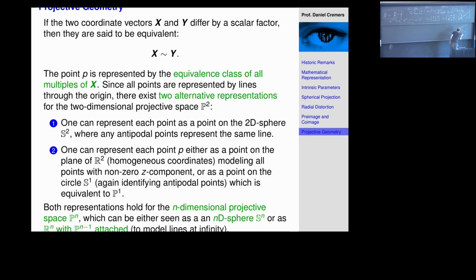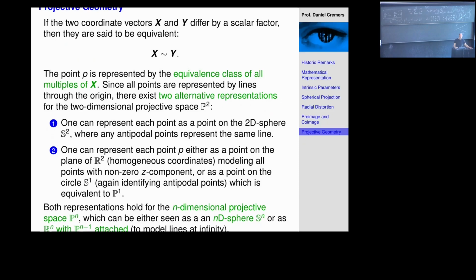So this is my space R, which in this drawing is really 1D, and this is my space R2, and if I consider lines in R2, they intersect here in exactly one point each. Then this point in R I can associate with the line that goes through the point and through the origin.